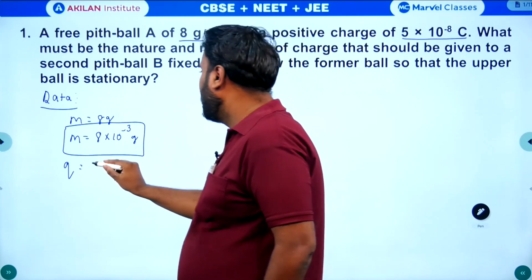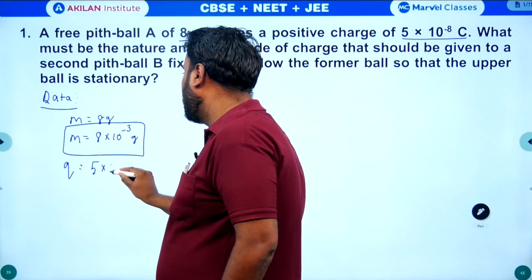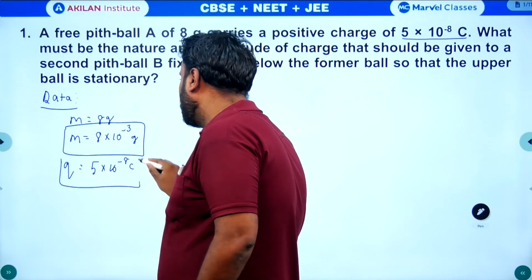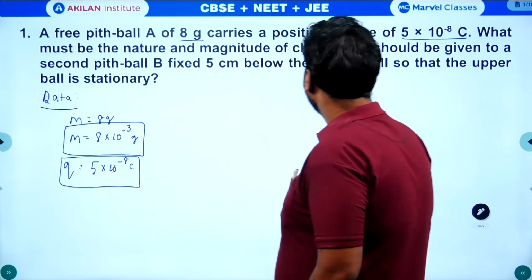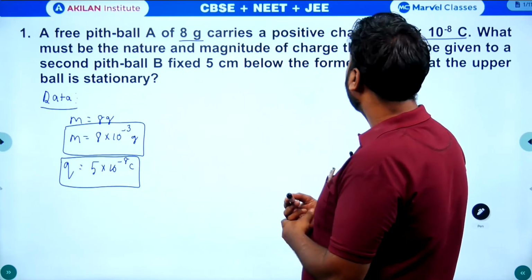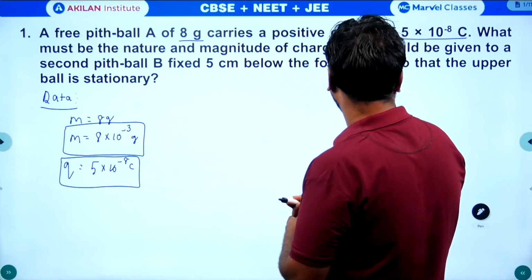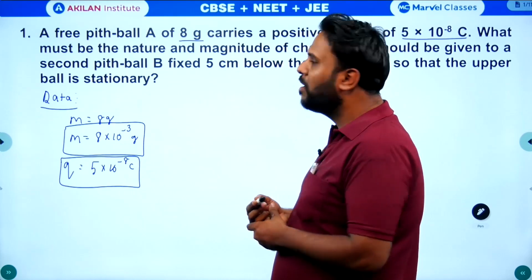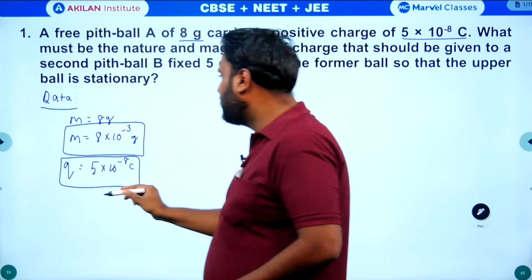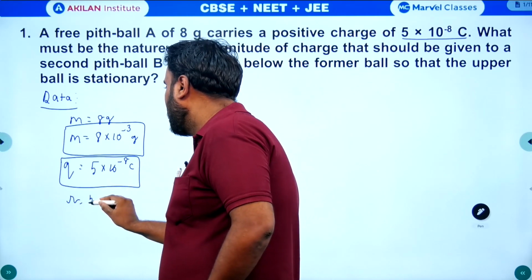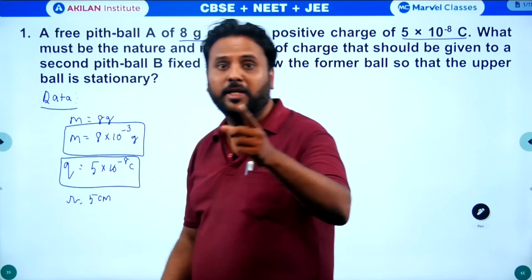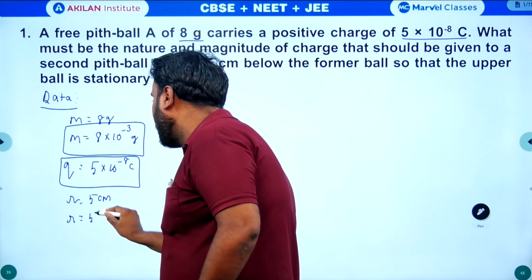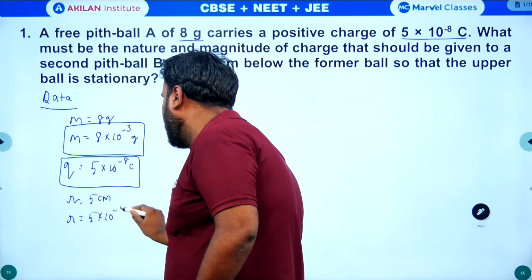They want us to find the nature and magnitude of charge that should be given to a second pith ball B. The distance between the two balls they gave us is 5 centimeter. Distance we know as R. We have to convert it into meter. So R is equal to 5 into 10 to the power of minus 2 meter.